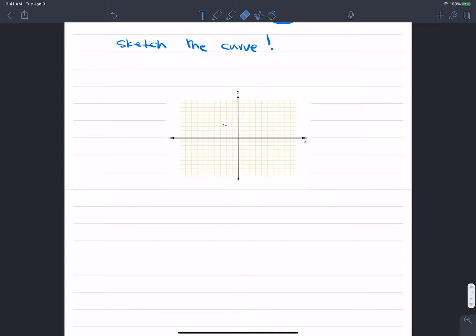So I'm going to undo it. Let's add it again.